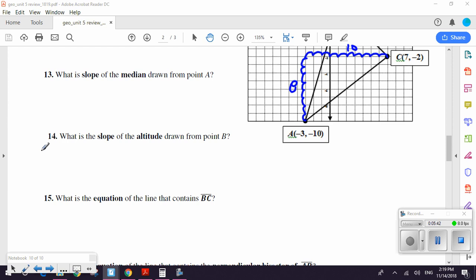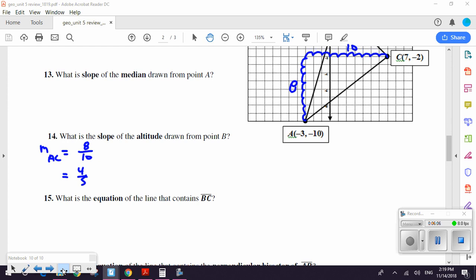So for the slope of AC, please tell me what line you're doing that slope for. So give me the letters of that correct segment. So the slope of AC is rise 8 over run 10. And then if you can reduce, you need to reduce. So that's 4 over 5.